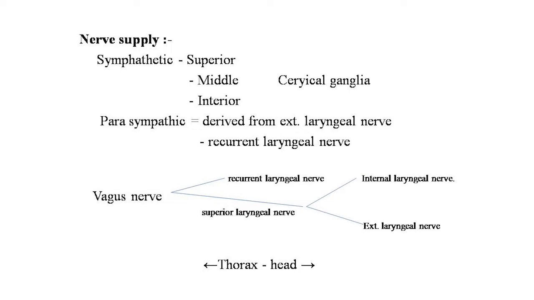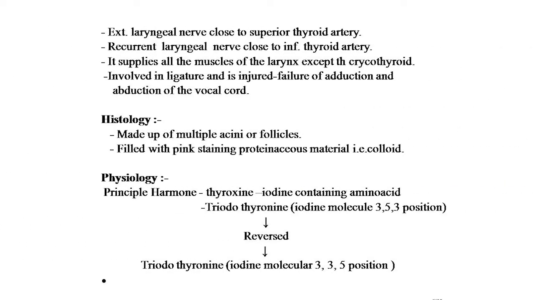The external laryngeal nerve lies close to the superior thyroid artery, and the recurrent laryngeal nerve lies close to the inferior thyroid artery. It supplies all the muscles of the larynx except the cricothyroid. If involved in ligature and injured, there is failure of abduction and adduction of the vocal cord. So that's why the recurrent laryngeal nerve is important and must be preserved.